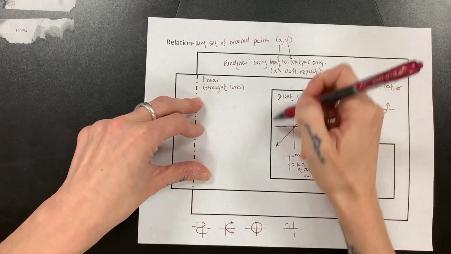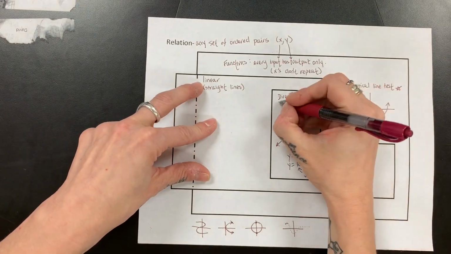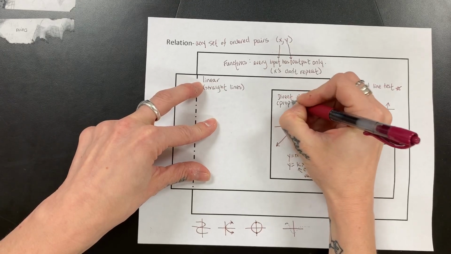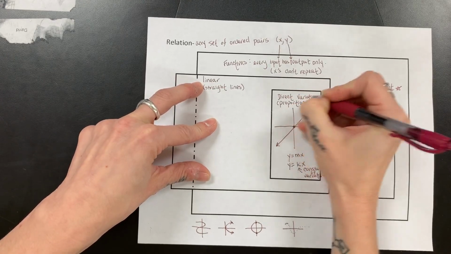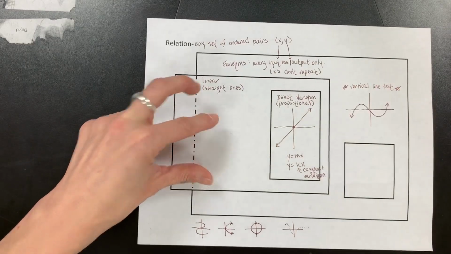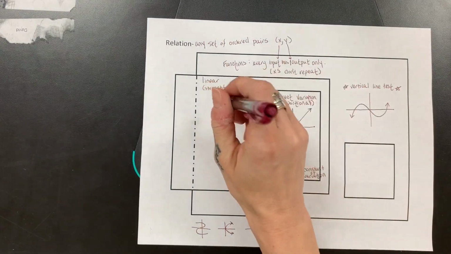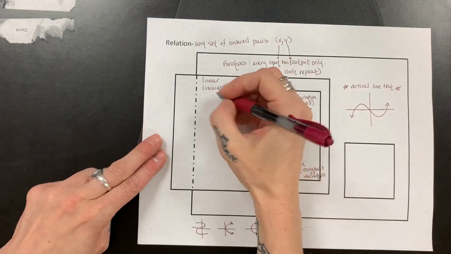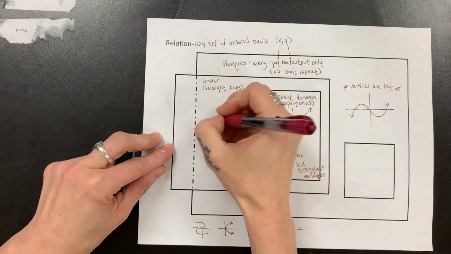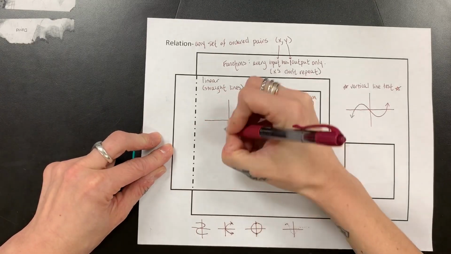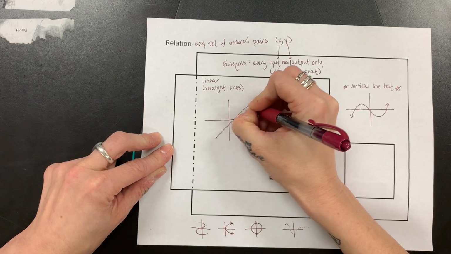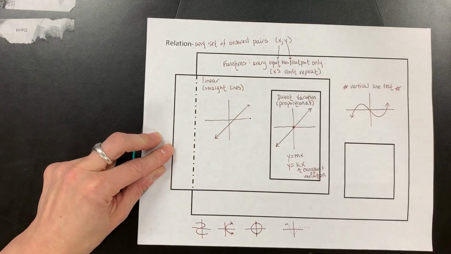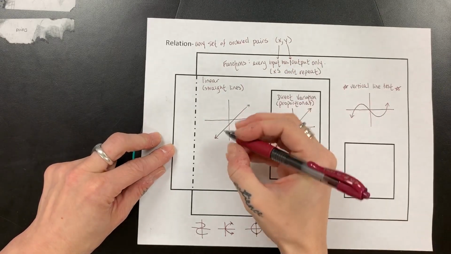So if we've got these proportional relationships as one of our big categories of straight lines, we've got proportional, and so we've got non-proportional: any kind of linear function that has a y-intercept that's not equal to 0.